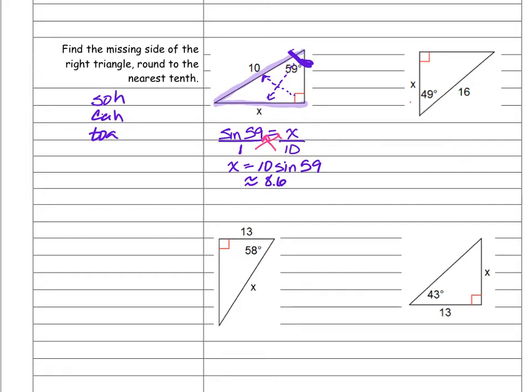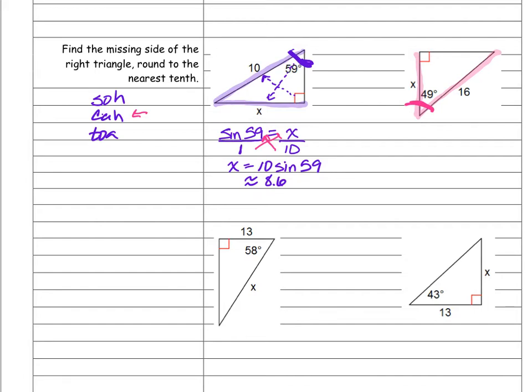We're going to mark my angle, which is 49. I'm going to highlight the two sides that I have information on, which is this side and the hypotenuse. So I have the hypotenuse, so I know it's not tangent. If I have the hypotenuse, it's not tangent. So then I know it's either going to be sine or cosine. So which side do I have? Well, I have the side that makes the angle, so it's adjacent. So that's A and H, which means I have cosine.